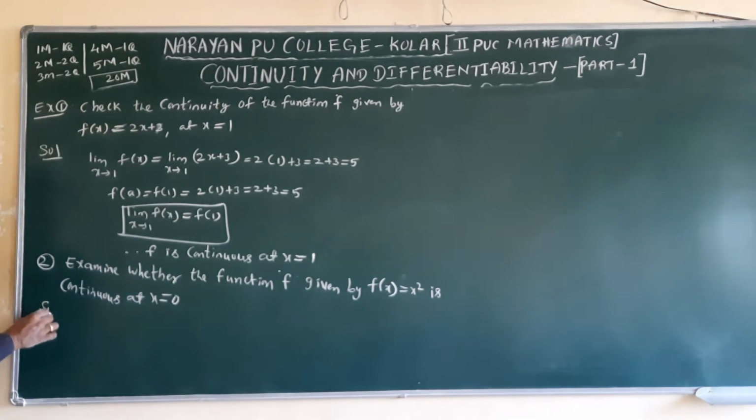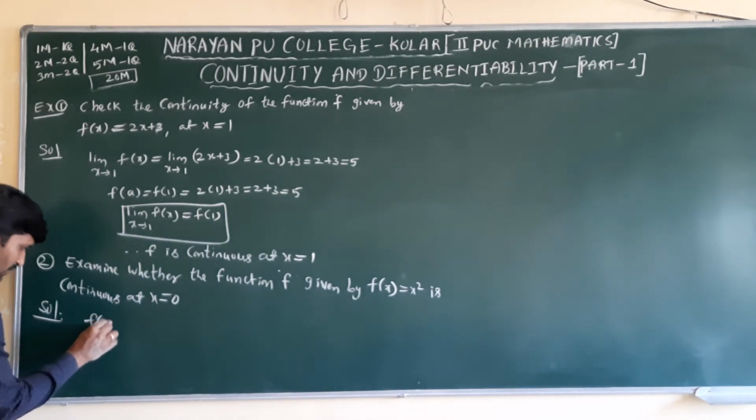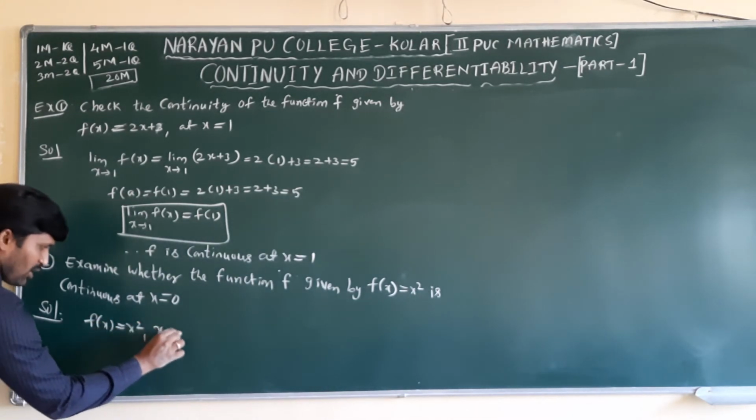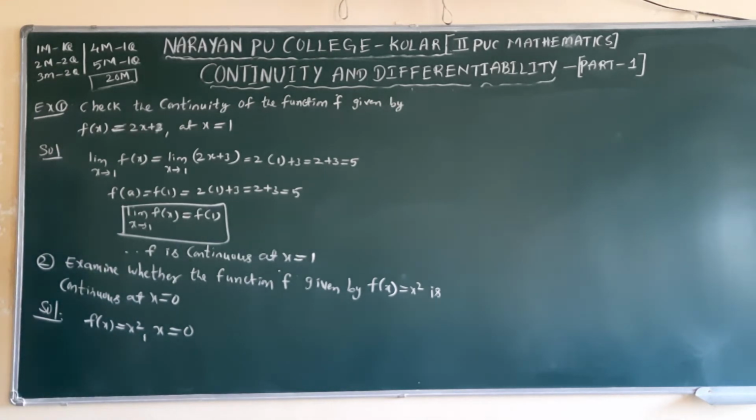Here also there are no restrictions, no conditions like less than or greater than given. Only a single function, f of x is x square. The x value given is 0, so a is 0 here.